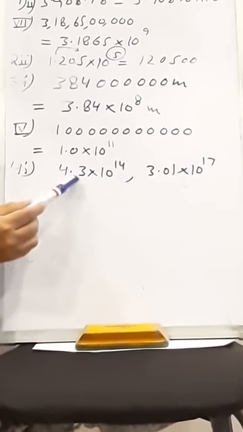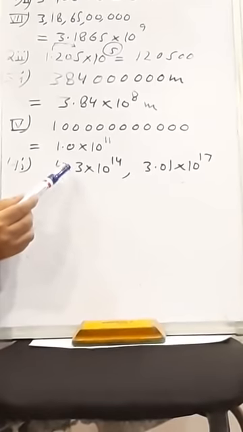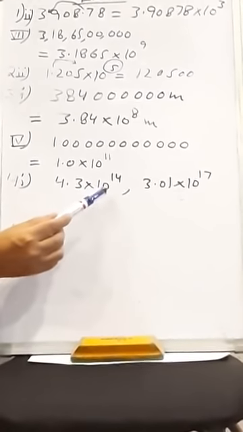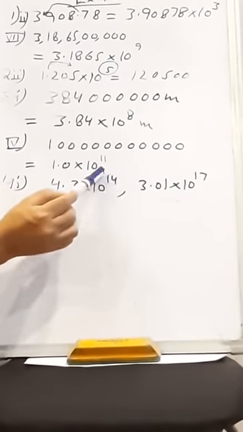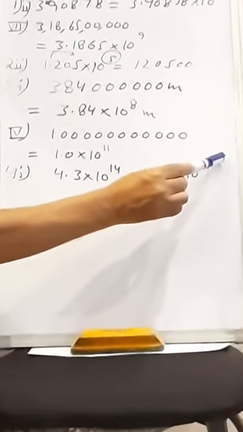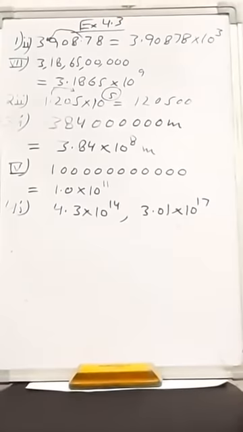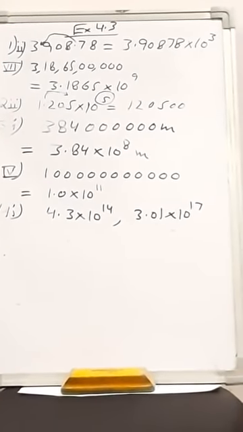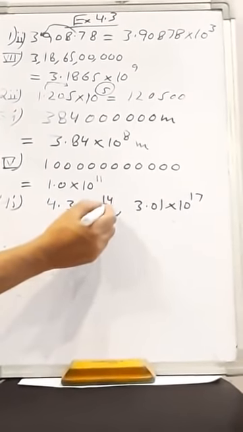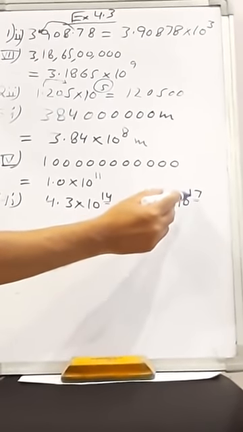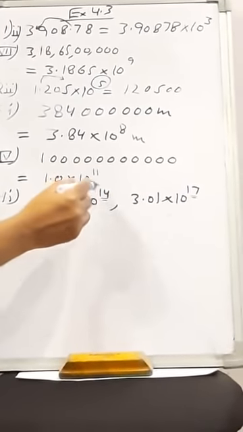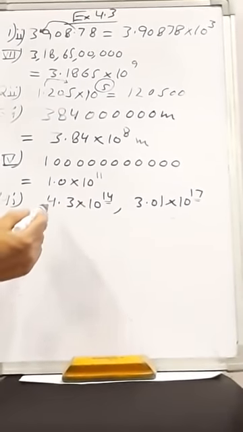So it appears this number is greater. But if you look at the power of 10, it is 14 here and 17 here. That means the difference in power is 3. It's much greater.